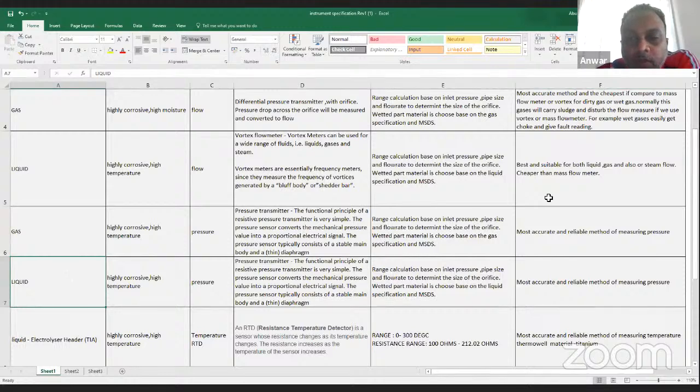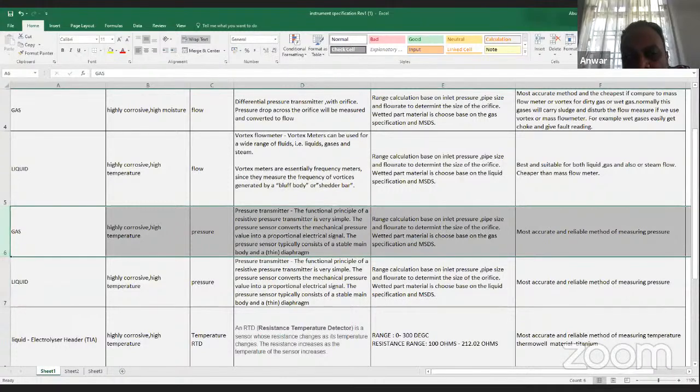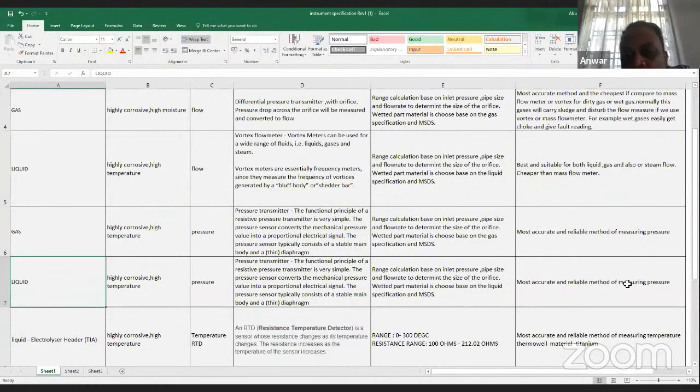All right. So you have another stream with liquid, but we are measuring not the flow, but the pressure of the liquid. Okay. So this follows the same principle as the gas above, but this time it is liquid, and again it is similar to the explanation that I have given.